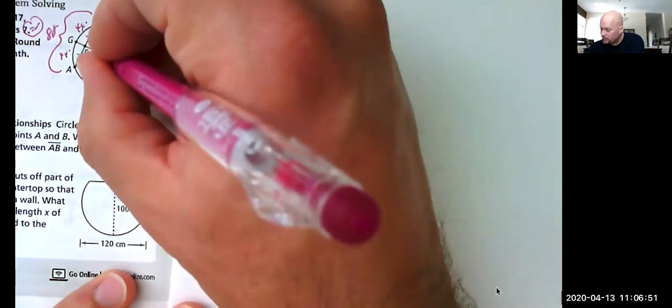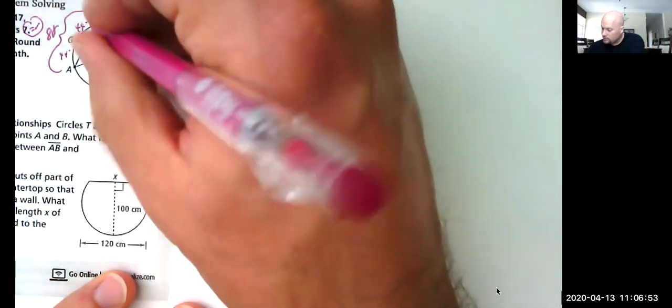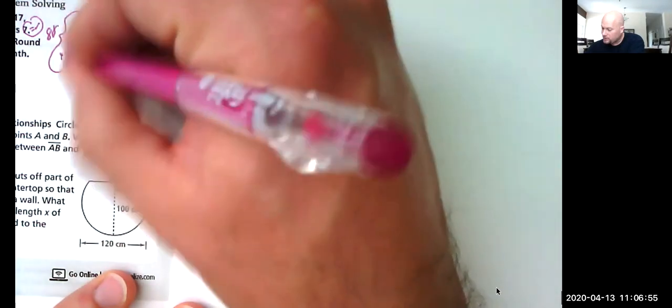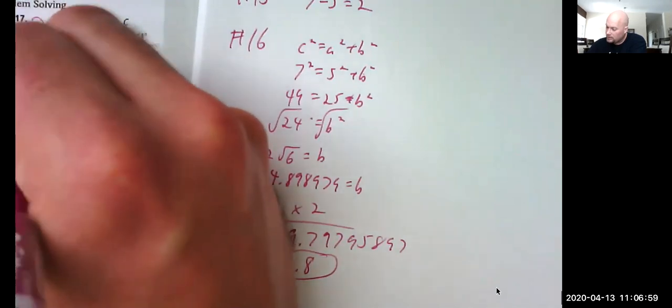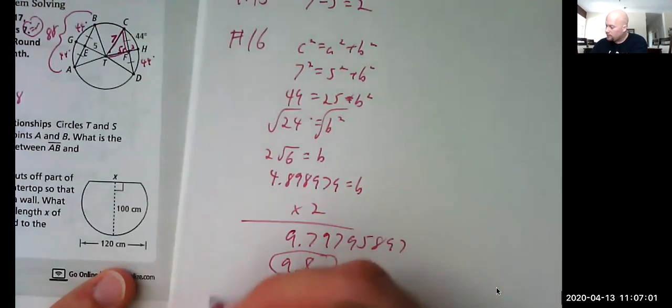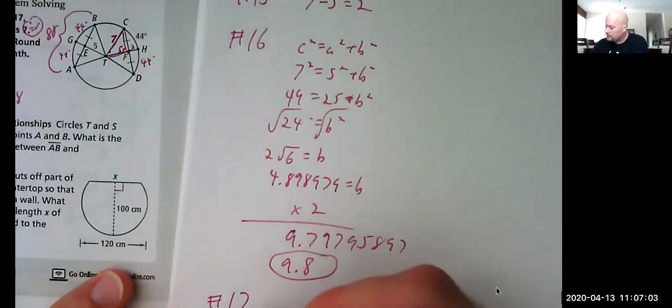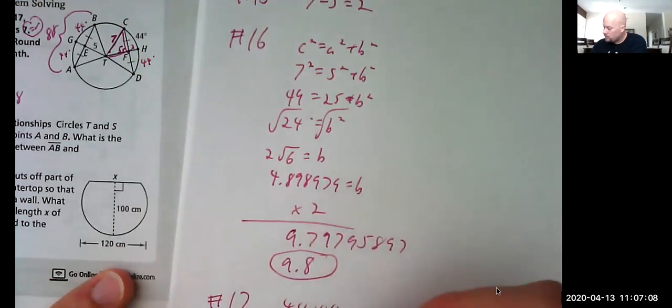So this angle here, that's a central angle. That's the same as the arc it's intercepting. So this entire thing is also 88. So again, for number 17, all we did was add 44 plus 44 and got 88.